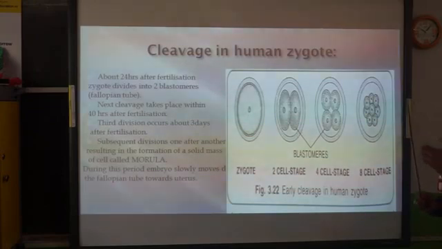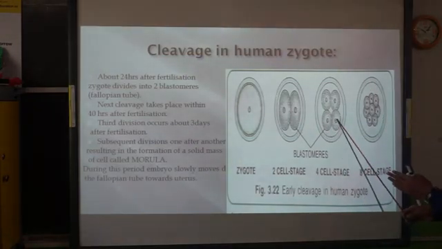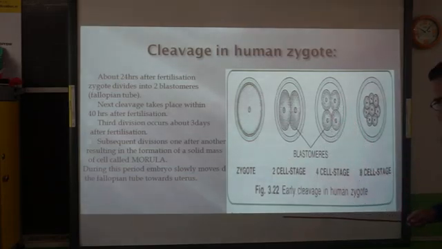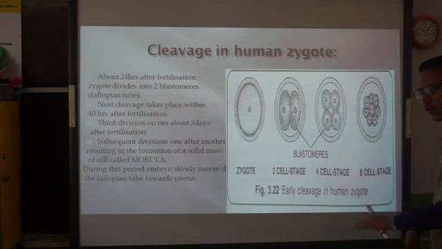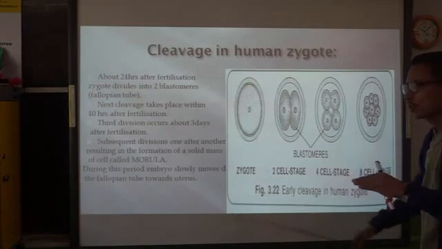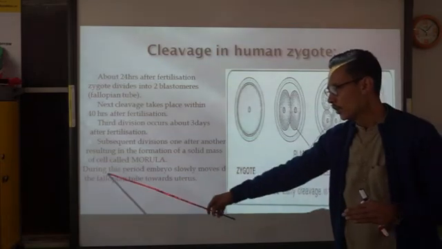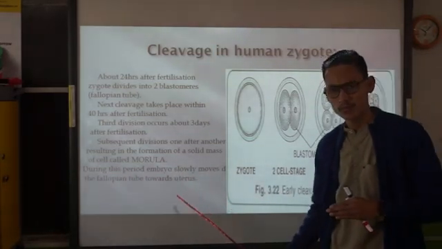Then by 40 hours it will divide into 4 cell stages, and nearly after 3 days there will be subsequent mitotic divisions which lead to the formation of 8 cell stages, and these divisions keep on occurring till it forms the 16 cell stage or 32 cell stage called morula. Clear? And finally, during this period, the embryo slowly moves downward toward the uterus from the fallopian tube.